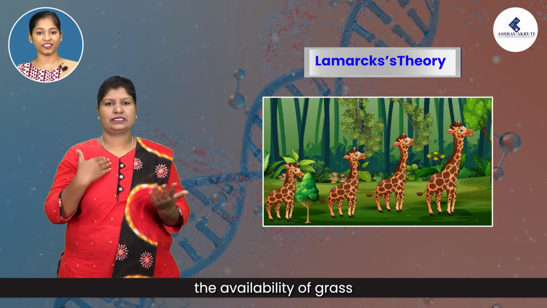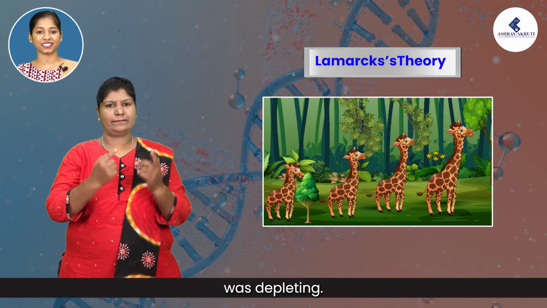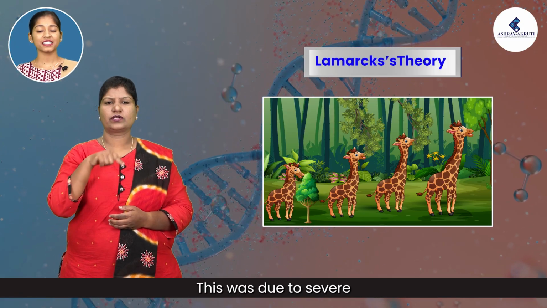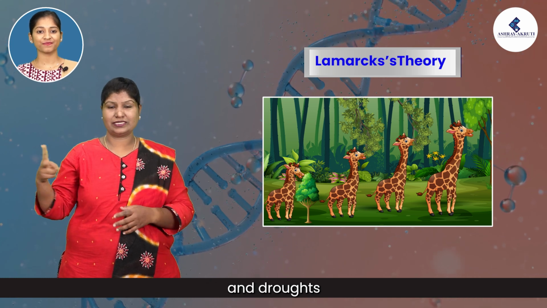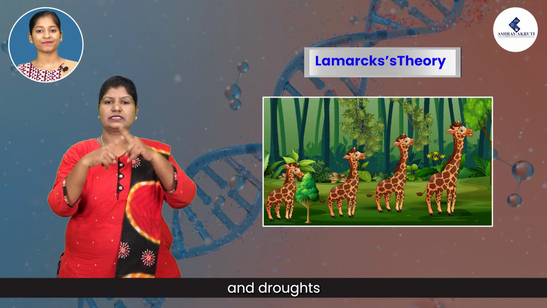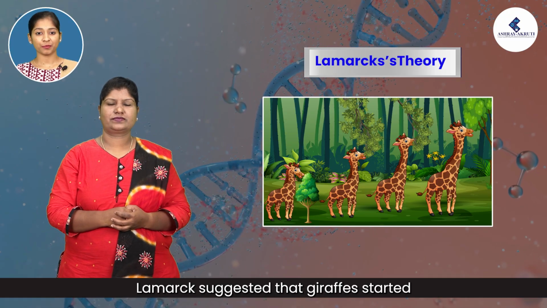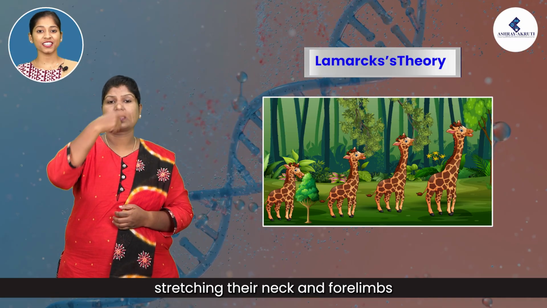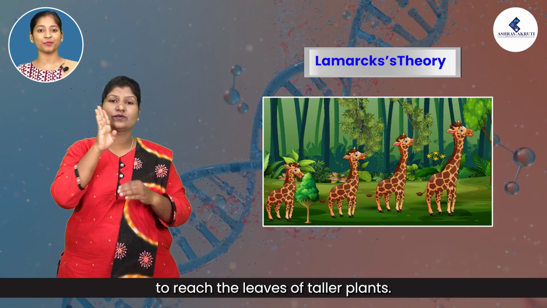The availability of grass and other small plants was depleting. This was due to severe competition from other herbivores and rats. Lamarck suggested that giraffes started stretching their neck and forelimbs to reach the leaves of taller plants.